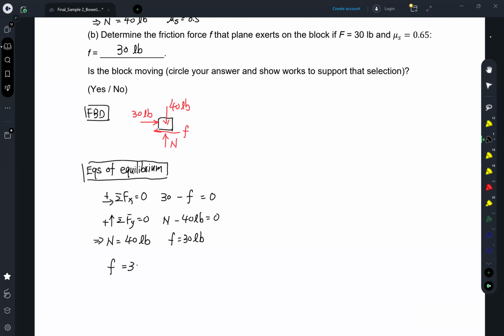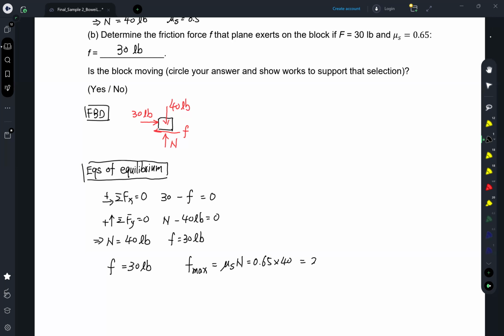If the friction that we need is 30 pound here, then on the other hand, the maximum friction that we can provide equals mu s N, which is 0.65 times the normal force, right? That equals 26 pound.